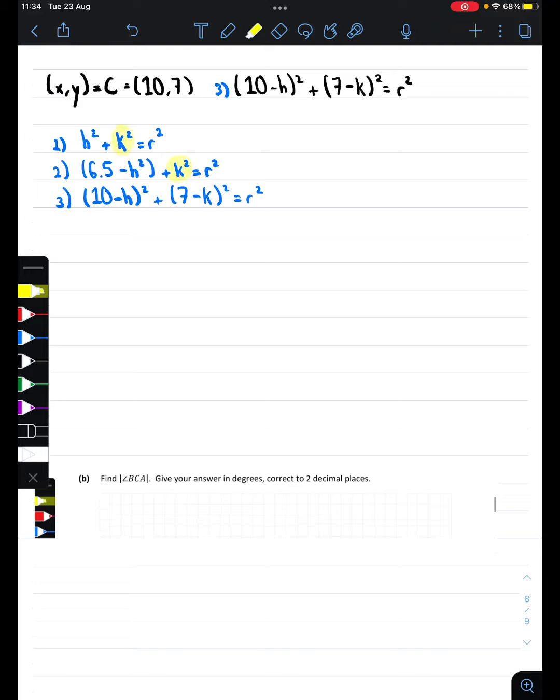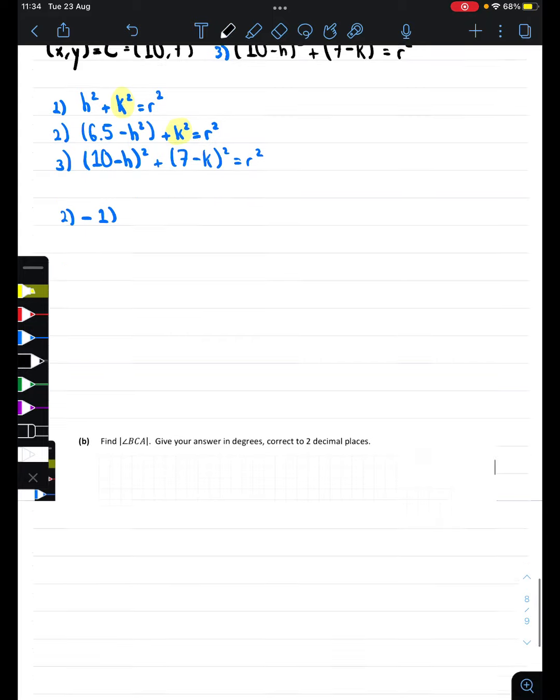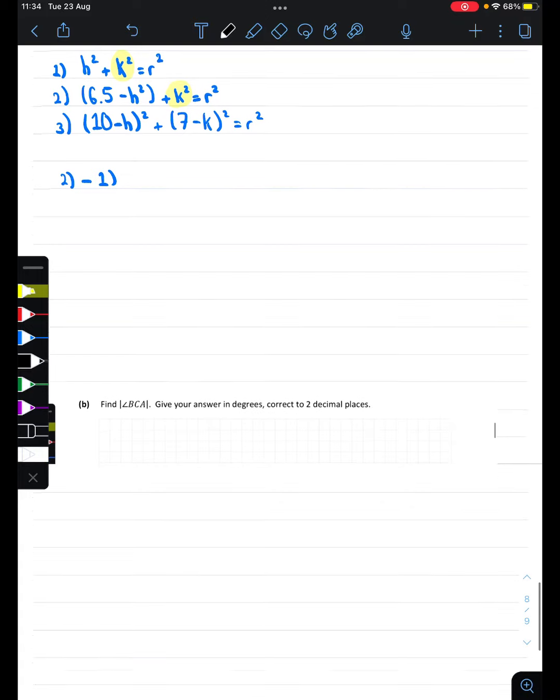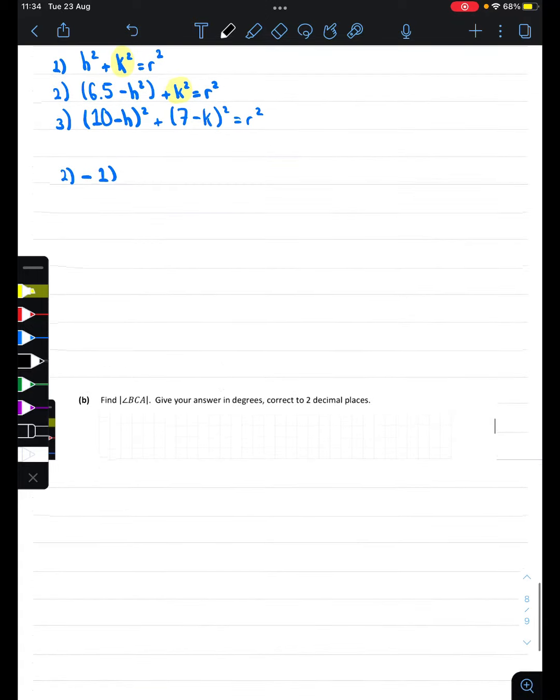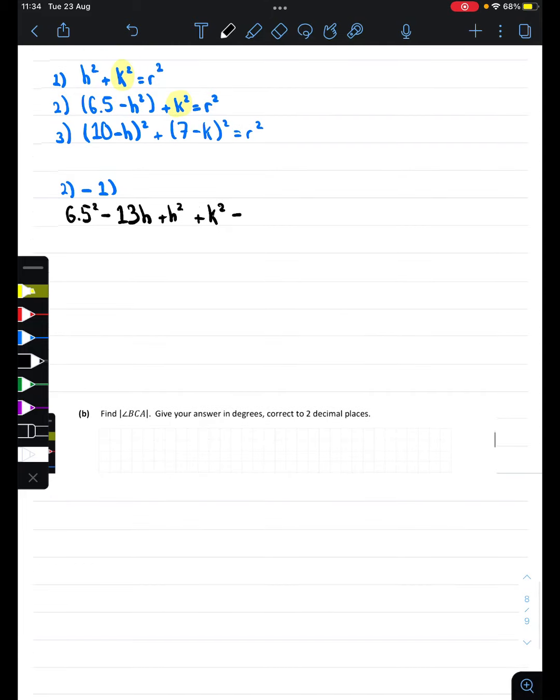So if we minus equation 1 from equation 2, then on the left-hand side we'll get 6.5 squared minus 13h (2 by 6.5) plus h squared plus k squared, and then minus the left-hand side of equation 1, h squared plus k squared.